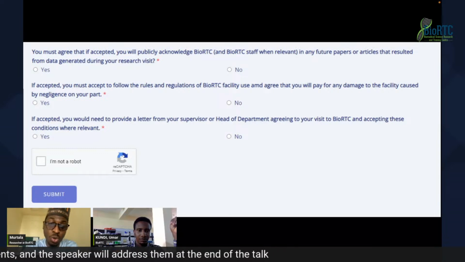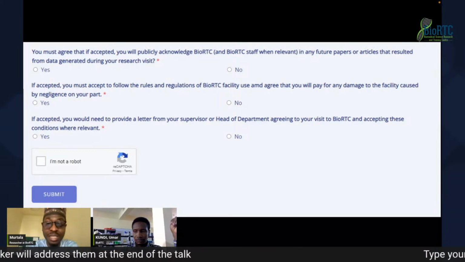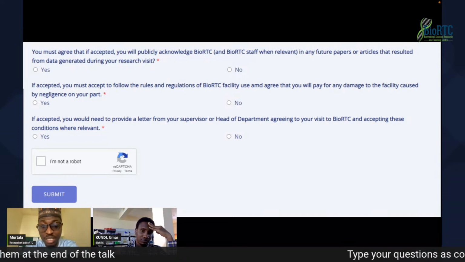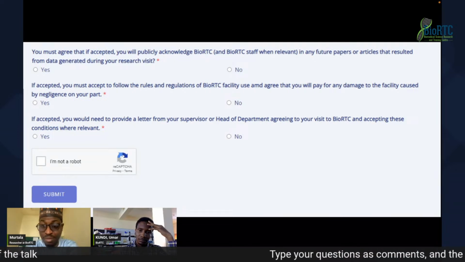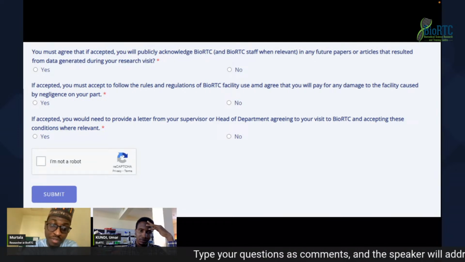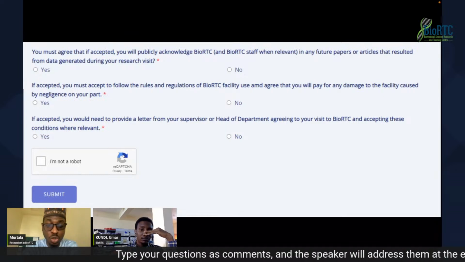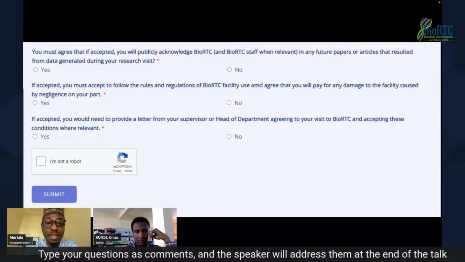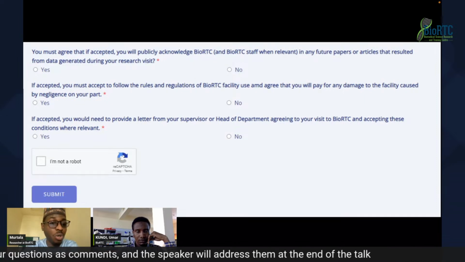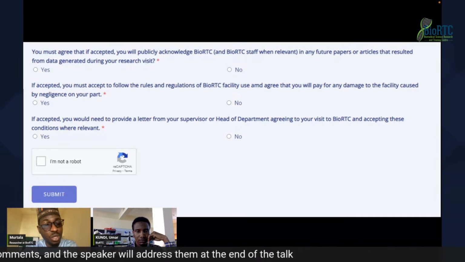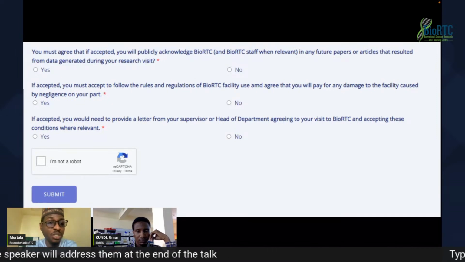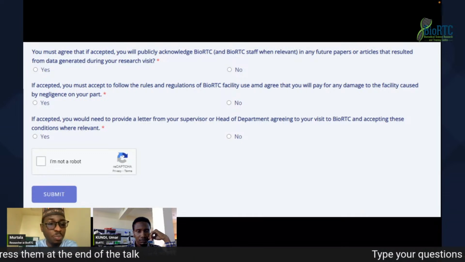And these are all rules that are general to any biomedical facility. We are very, very serious about safety, so you must ensure that safety. And if you damage anything, of course, because the lab needs to be sustained, then you have to agree that you are going to replace it.